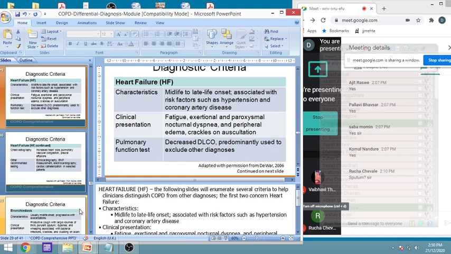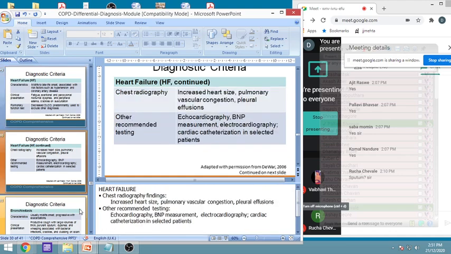There are some crackles on auscultation. Pulmonary function tests show a decrease in DLCO, the diffusing capacity of the lung, which is predominantly used to exclude other diagnoses. So DLCO is another important test which is done. We shall see about this later.